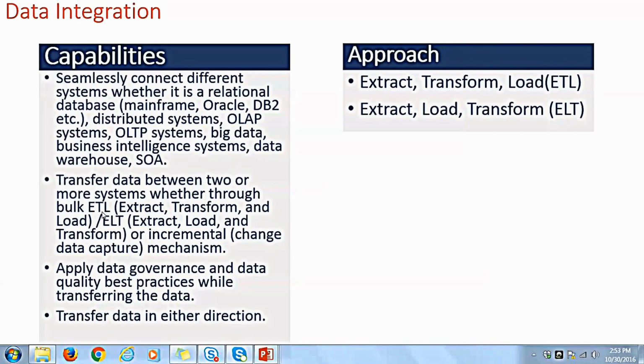As far as the approach goes, there are mainly two approaches of bulk data integration. One is ETL approach, which is extract, transform, and load. And the next one, very famous nowadays, is ELT approach, which is extract, load, and transform.